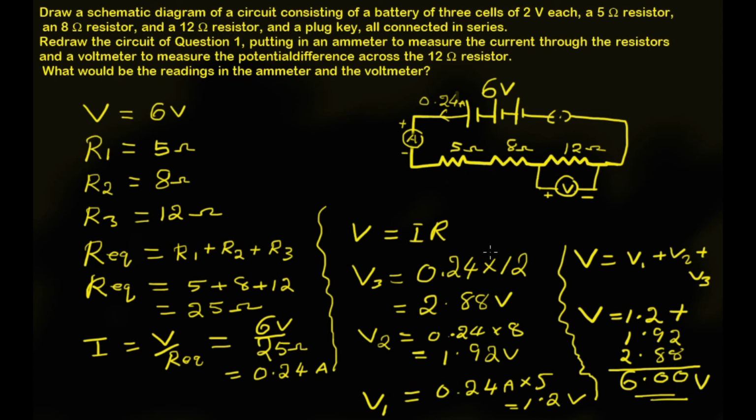So in series combination of resistors, the voltage drop will be as per the value of resistors. The highest resistor will get the maximum voltage drop, and the lowest one will get the minimum voltage drop. When we add the voltage drop or the potential difference across each resistor, we'll get the total applied voltage.